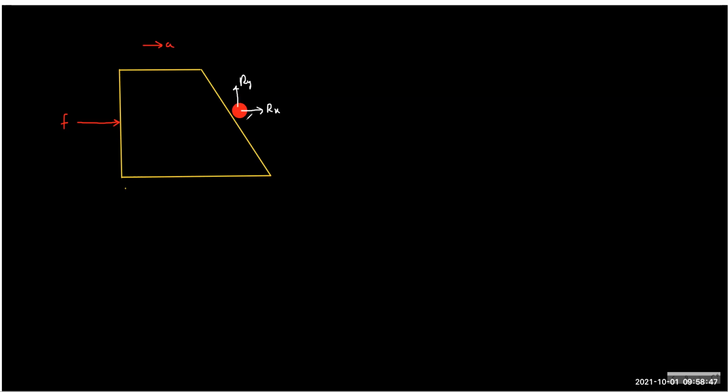And now it is moving with the same acceleration as that of the wedge. Now we also know that the friction is at its limiting value. So if friction is limiting, Ry is balancing the weight.